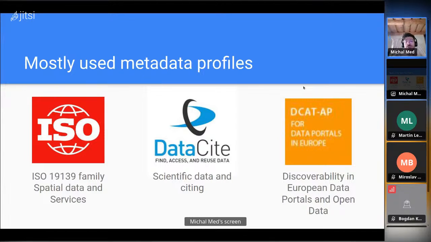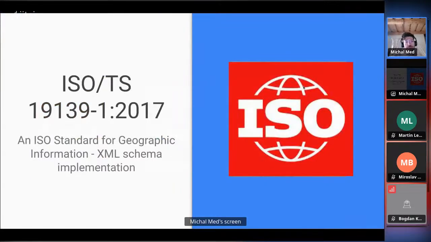It serves for discoverability of high-value datasets in the European data portals, and in the Czech scope, it also serves for the provision and discoverability of open data. So we have those three profiles, and they differ in quite a lot of ways. We can go through some examples and look at what to do with them.